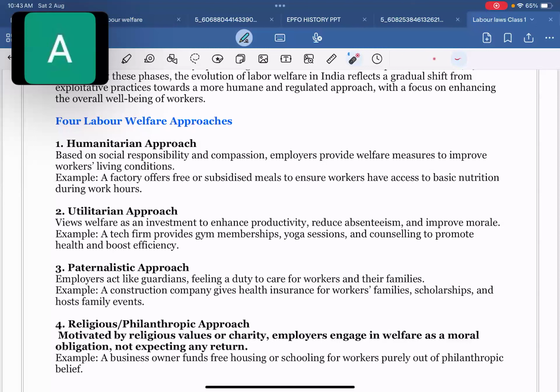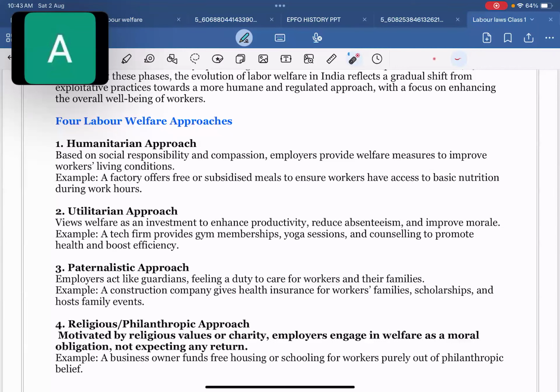They provide food. Even one coaching institution, I would not take the name of that, also provides lunch and dinner. If anyone is working late at night, then they provide dinner, and lunch is mandatory for everyone. So these kinds of things come under the humanitarian approach.